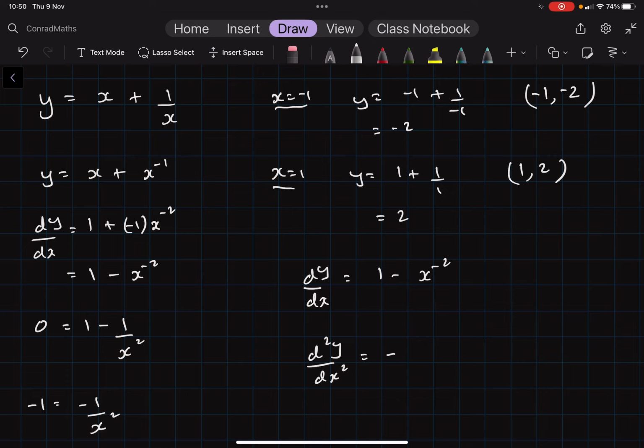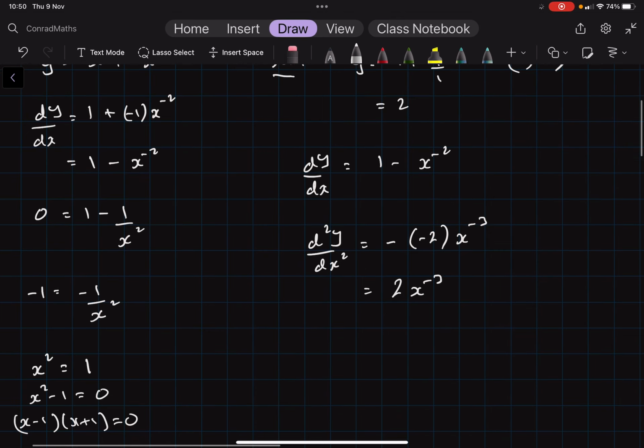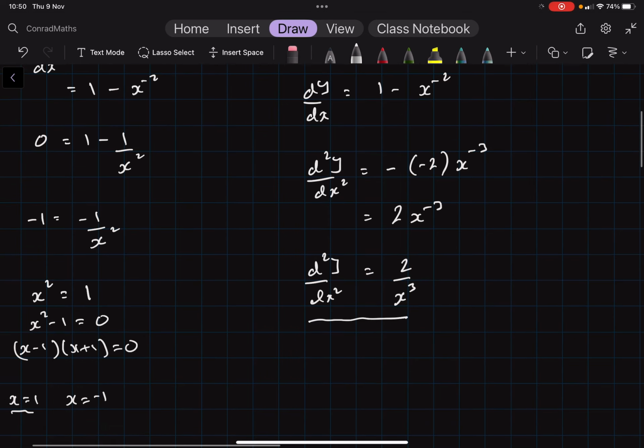We'll keep the negative, bring the negative 2 in front, and take away 1 from the power, and that gives us 2x to the negative 3, and we're going to write that as 2 over x cubed because I'm going to put those values of x into there. Okay, so that's the second derivative.